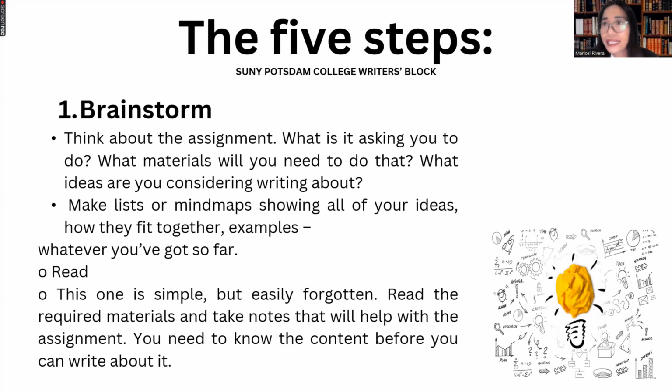Now, make lists or mind maps. So in the mind maps, you are just going to look into what is your central idea, what is the core of that specific task that you are asked to do, and what is the core of that specific subject that you have in mind. Then you can look into sub-ideas, like keywords that you can think would be associated to that core.